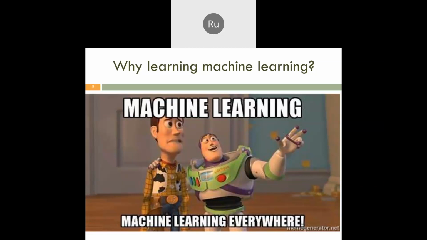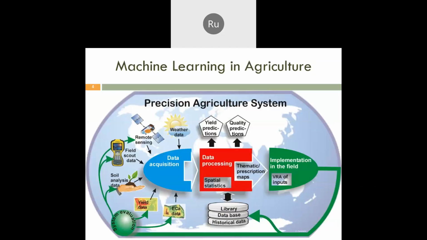For example, we look into food security, okay, precision agriculture system, in which we will get all the data from the sensor or from the data acquisition devices. For example, we look into remote sensing through the satellite image. We also look at the weather data through the sensor, or we go to the ground and then take the data.